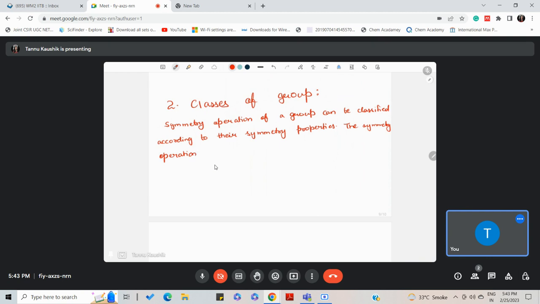The symmetry operations of the same symmetry properties will be in the same class.